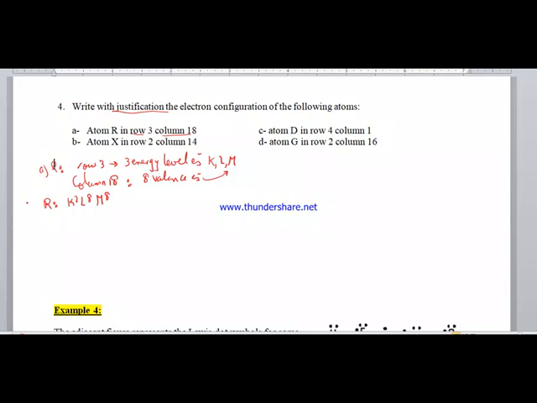And then we have written the electron configuration of atom R.